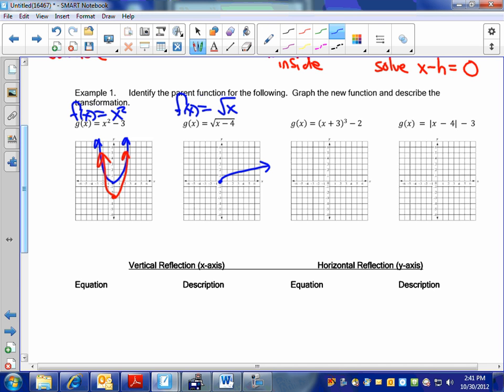Horizontal, because it happens on the inside. How many units is it going to shift? 4 units. Which direction? X minus 4 equals 0. Solve. What is x? 4. 4 units to the right.